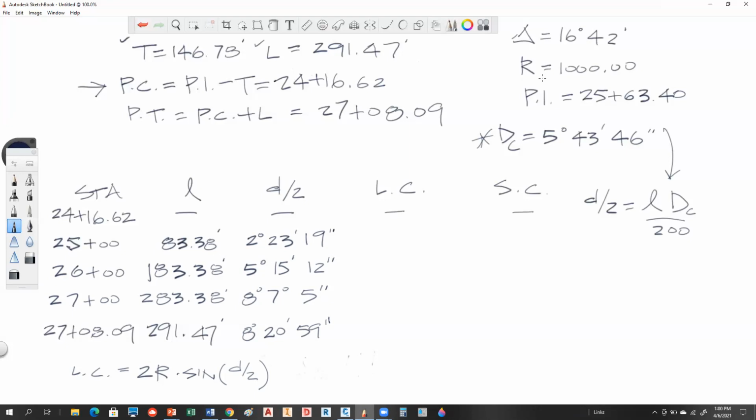So we're going to take the sine of 2 degrees, 23, 19 times 2,000. And I get 83.35.